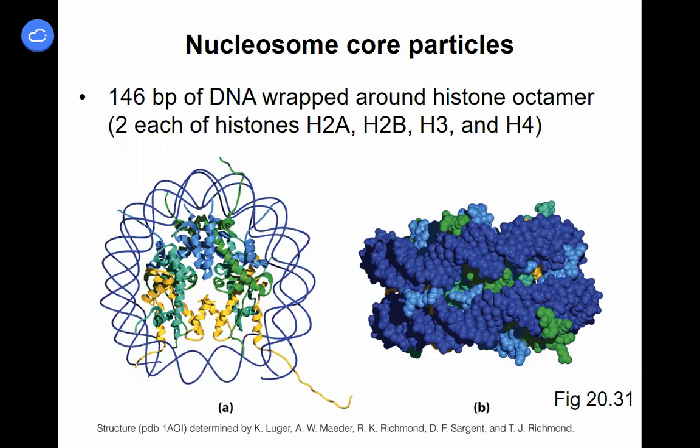Or, thinking about the analogy I was talking about before, this looks a bit like a spool of thread, where you've got a central core of proteins around which DNA is being wrapped. This is what we would call the most fundamental element of DNA packaging, the nucleosome core particle. As I said, it wraps around about 1.7 times. The crystal structure has 146 base pairs of DNA. Okay, and that is the fundamental unit.